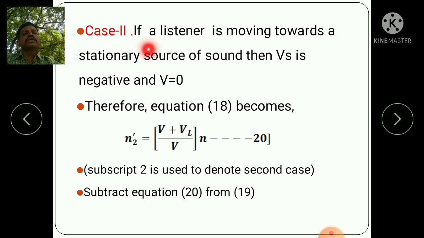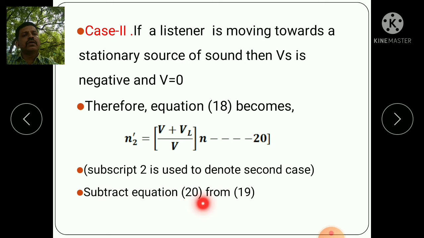Now the second case: if the listener is moving towards the stationary source of sound, then vs is equal to 0 and vl is positive. Therefore the equation becomes n2 dash equal to (v plus vl) upon v into n. Subscript 2 is used to denote the second case.